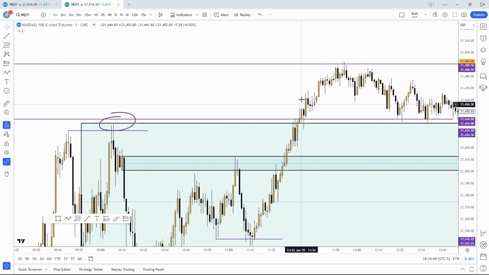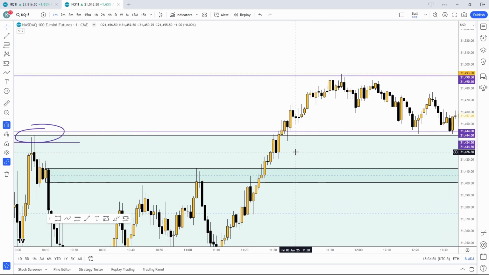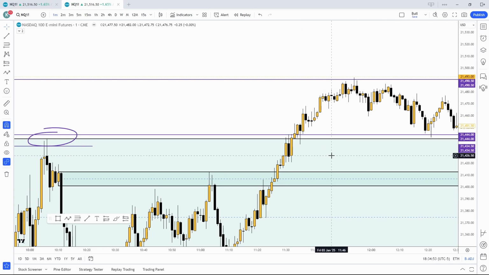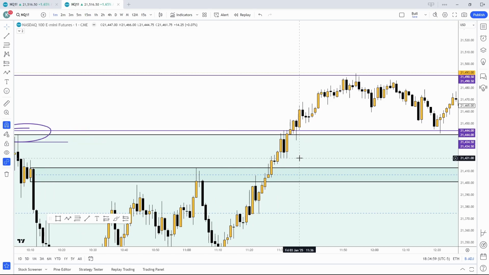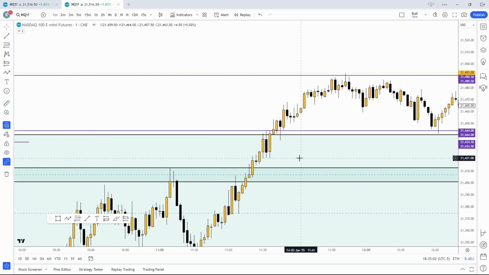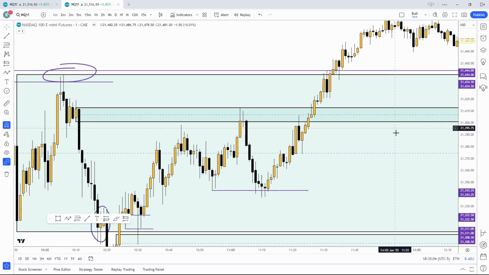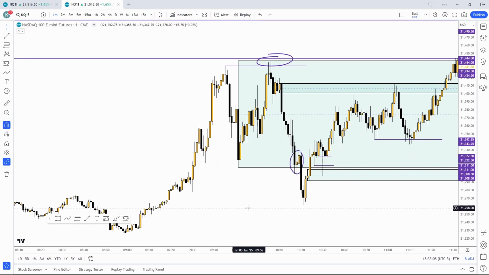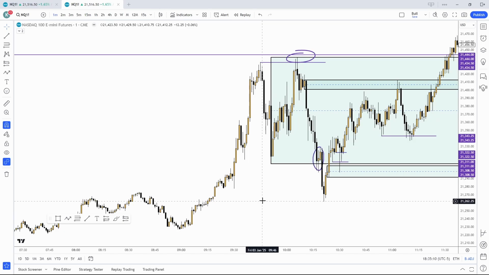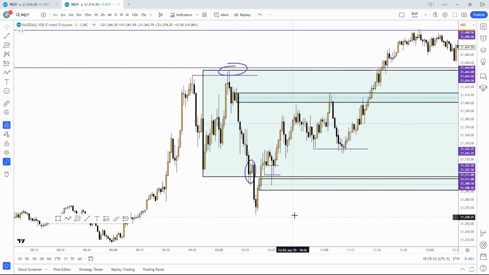And all we're seeing are these attempts to break structure, or at the very least create a valid high in here. And if we can't even create a valid high, that is monster bullish order flow. Monster, right?